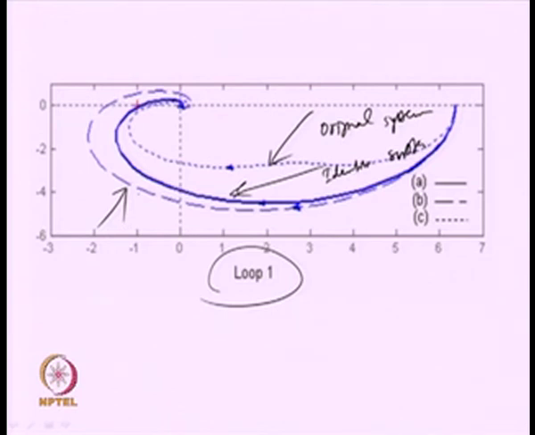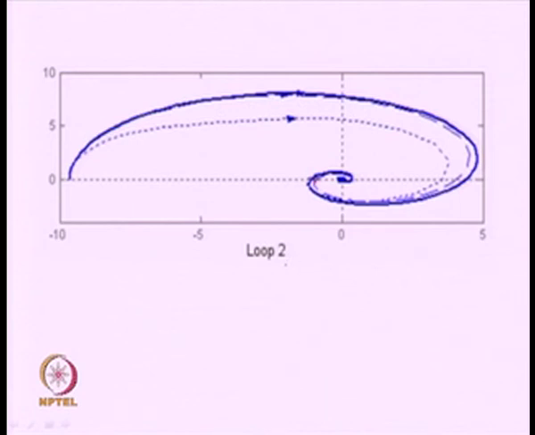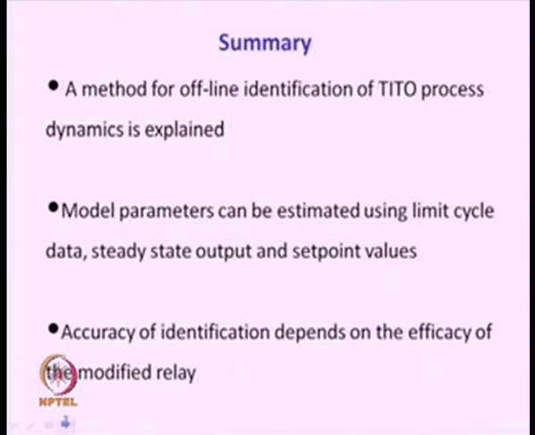So, ours is definitely the better one, because it is approaching the original system's Nyquist plot. Similarly, for loop 2, we have seen that the Nyquist plots for the original system dynamics and the identified system dynamics are in very good agreement, and it shows that the identification technique is quite efficient.